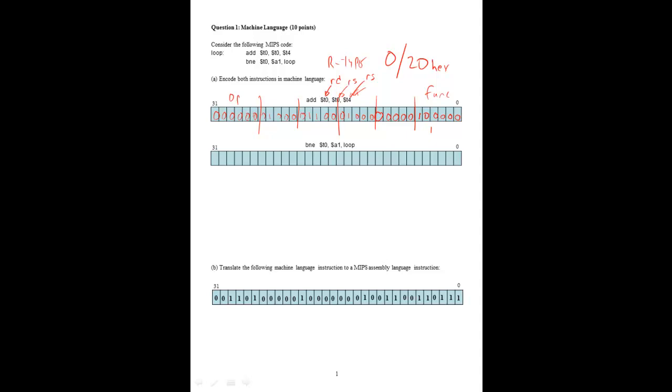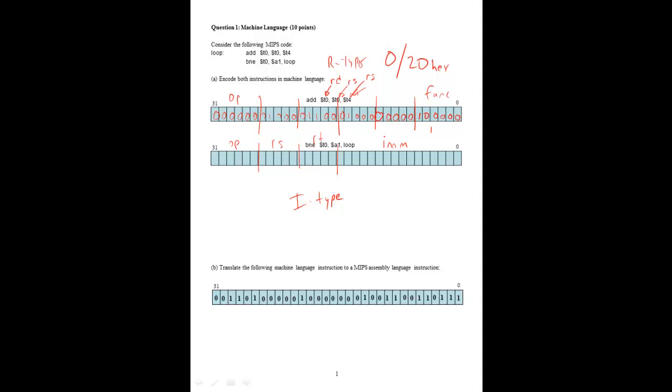The second problem, a branch not equal, again look up on my reference sheet. I see this is an I-type instruction. So the first 6 bits are going to be the opcode, followed by 2 5-bit register specifiers and a 16-bit immediate.